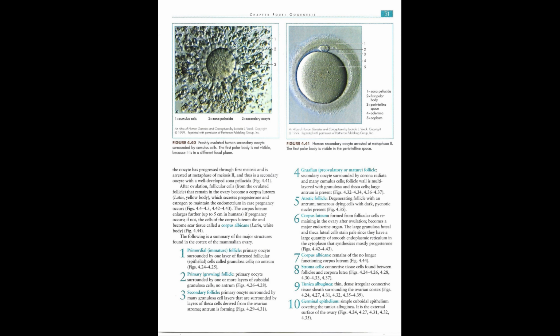Stroma cells, connective tissue cells found between follicles and corpora lutea, Figs 4.24 to 4.26, 4.28, 4.30 to 4.33, 4.37. Tunica albuginea, thin, dense irregular connective tissue sheath surrounding the ovarian cortex, Figs 4.24, 4.27, 4.31, 4.32, 4.35 to 4.39.